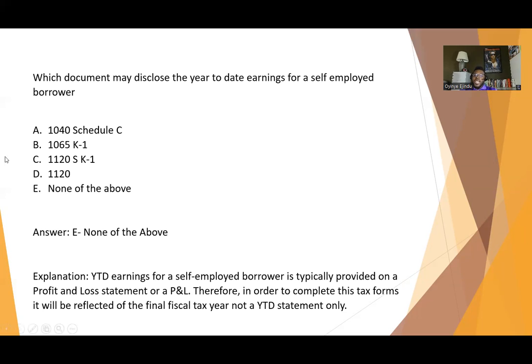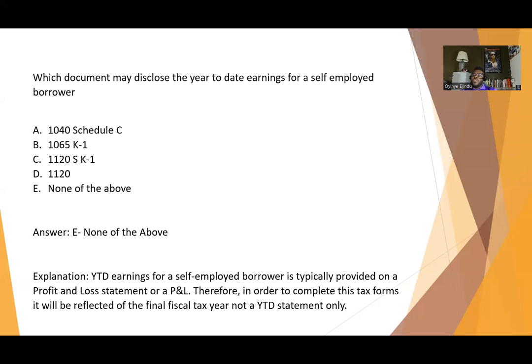The reason why is that year-to-date earnings for a self-employed borrower is typically provided on a profit and loss statement, or a P&L statement. The year-to-date earnings for a self-employed borrower is usually not provided on any of these tax forms because, again, what we're looking at is what that year is to date.